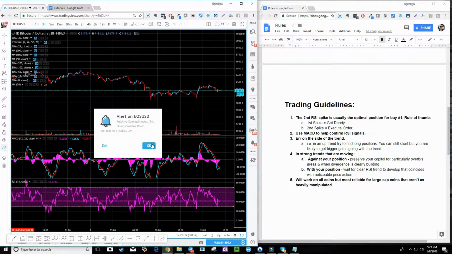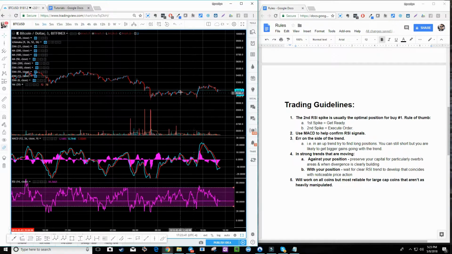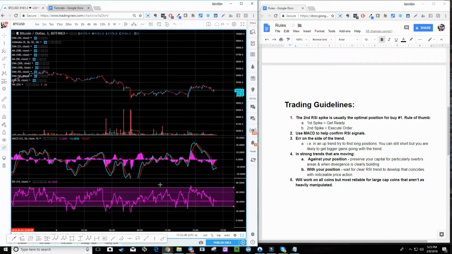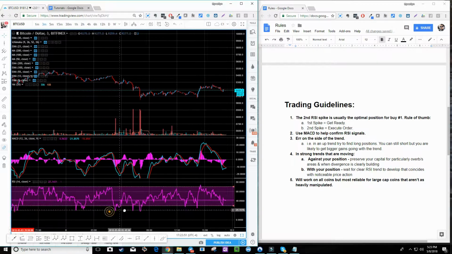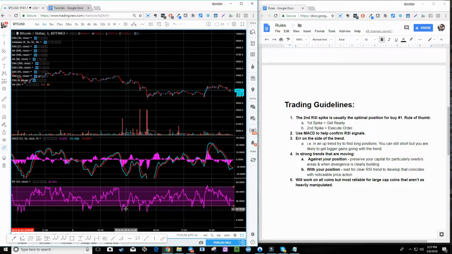Err on the side of caution, because with oscillators like RSI, like I said, it can hang out in these zones longer than you expect. So it's just something to be aware of. But look for the distinct spikes and the change in direction for entering a position.